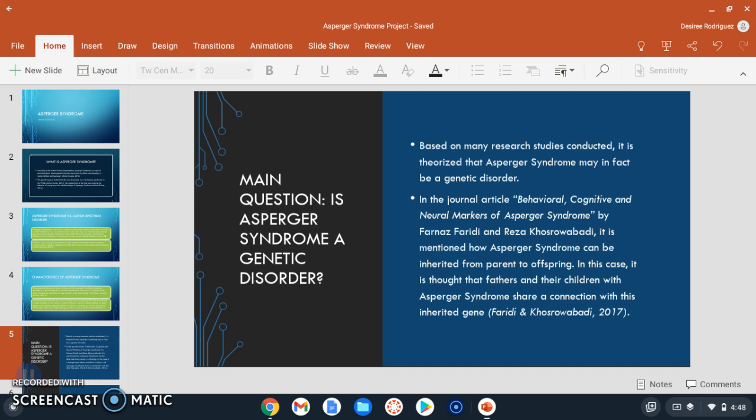Based on research studies that were conducted, it's theorized that Asperger's syndrome can be a genetic disorder. In a journal article called Behavioral, Cognitive, and Neuromarkers of Asperger's Syndrome by Fernaz Faridi and Reza Khosrabadi, it is mentioned how Asperger's syndrome can be inherited from parent to offspring.